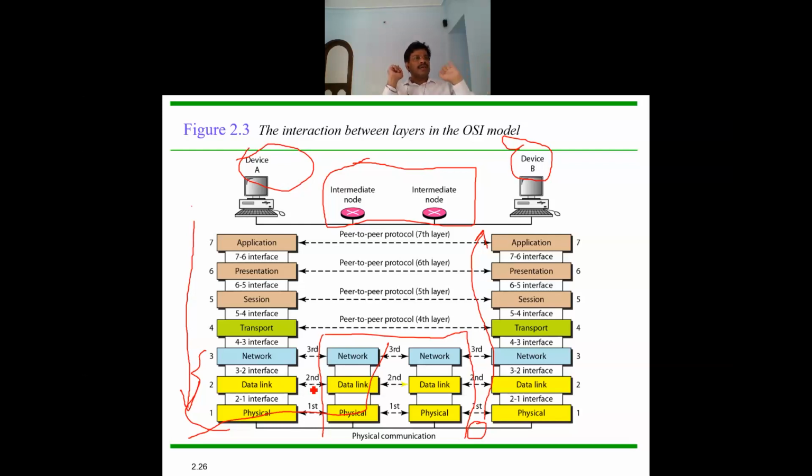The wired connectivity or the wireless connectivity, the frequencies that are defined, are all the tasks that are performed at the physical layer.